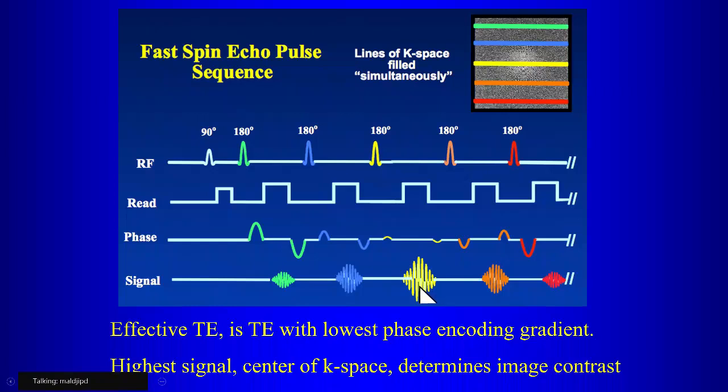So when you get that number TE on the sequence that you're looking at, that's what it means, even though there are multiple TEs here that you're using to acquire your data, okay? So the highest signal is in the center of K-space, and that determines the image contrast. So the lowest phase encoding, 0, will determine most of the image contrast. Okay.